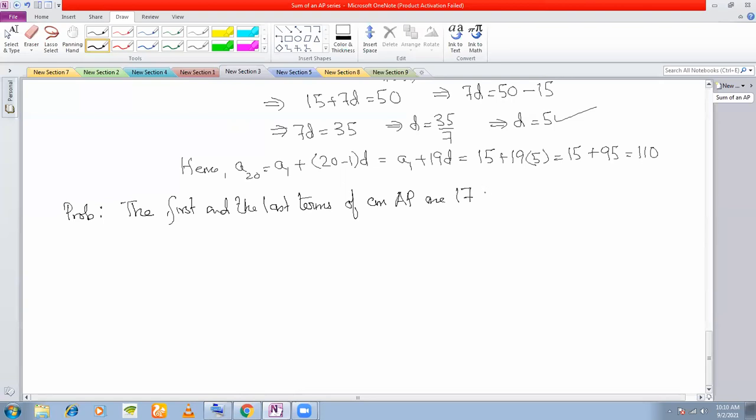They are 17 and 350 respectively. If the common difference is 9, how many terms are there and what is their sum?